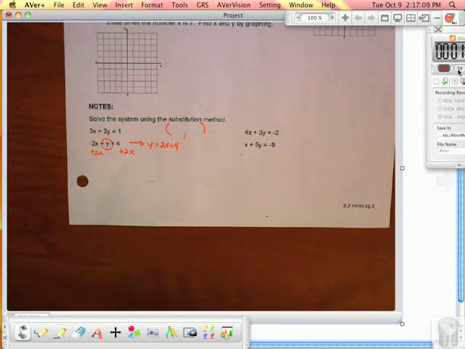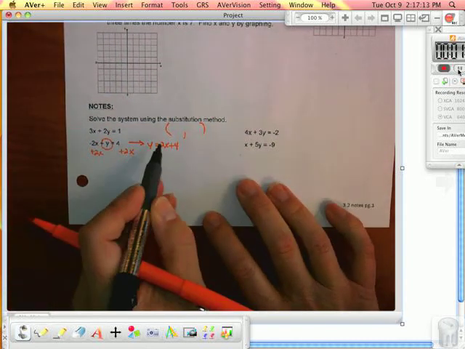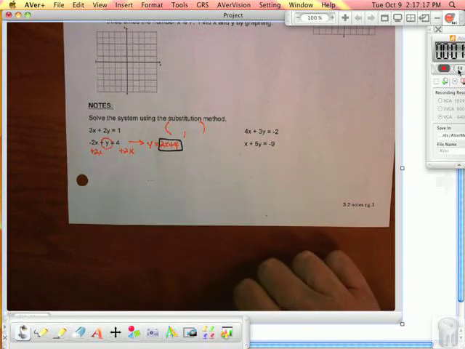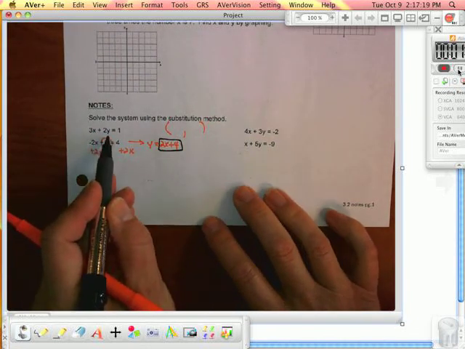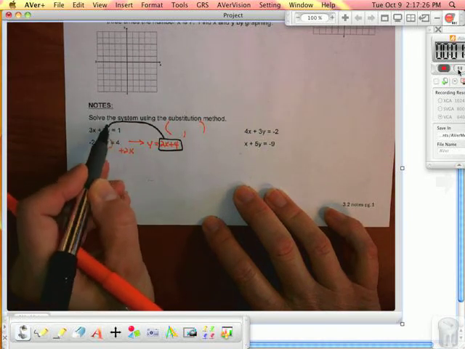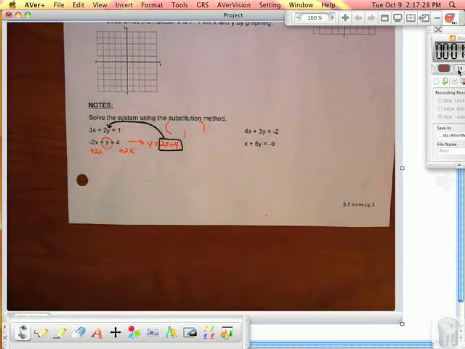Okay? I'm going to do what's called substitution. Now, this is saying that y is equal to 2x plus 4, correct? I go back to my first equation and I say, well, look at that, there's a y right there. Can I take this and substitute it in there where y is? And why would I do that?